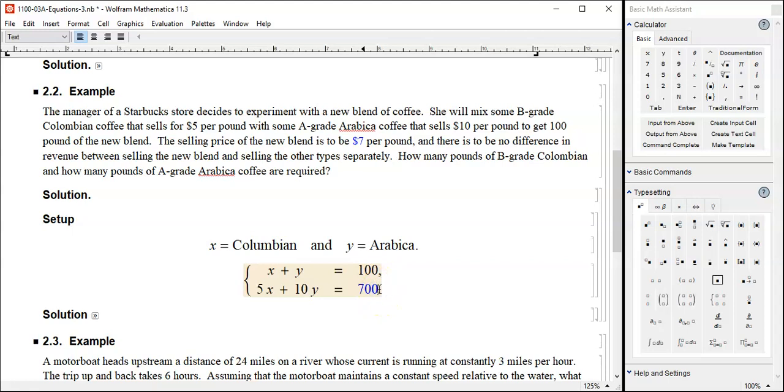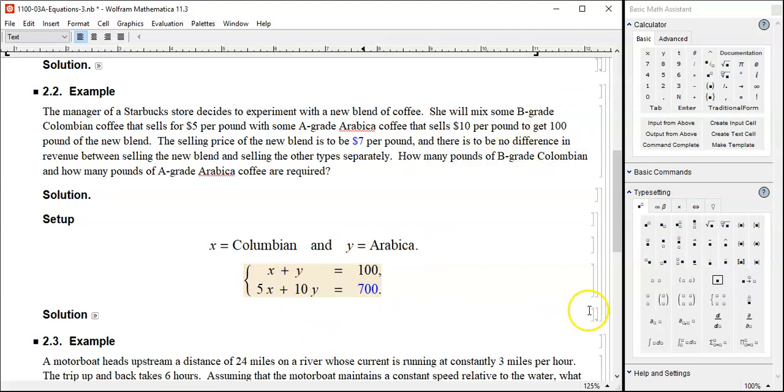And we need ax plus by, and for ax plus by, look at the unit. I look for dollars here: $5, $10, and make this one into dollars. 5 times weight so that we get a dollar amount, 10 times weight so that we get a dollar amount. Do the same thing: $7 per pound and then multiply by the total weight, 700.